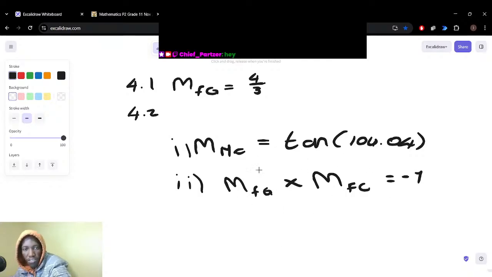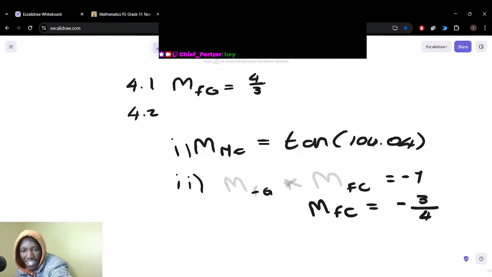Since we know the gradient of FG, we can calculate the gradient of FC. So the gradient of FC is equal to -3/4. That's fact number 2.